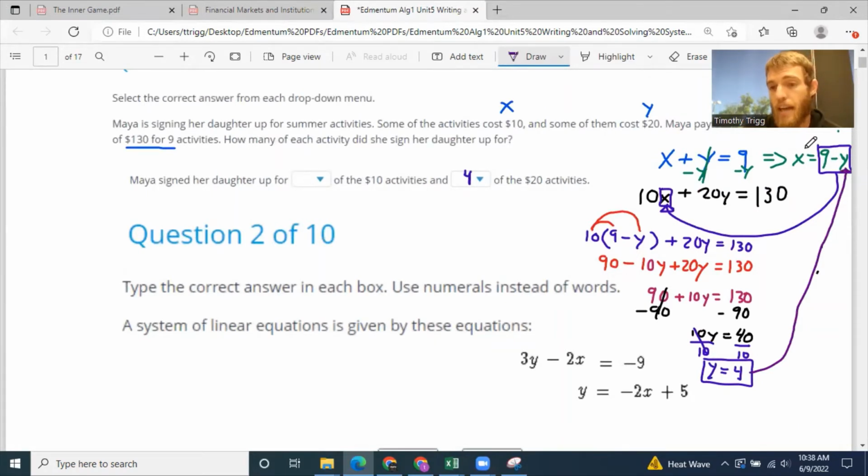So x equals 9 minus y becomes x equals 9 minus 4, telling us that x is 5. And there you go.